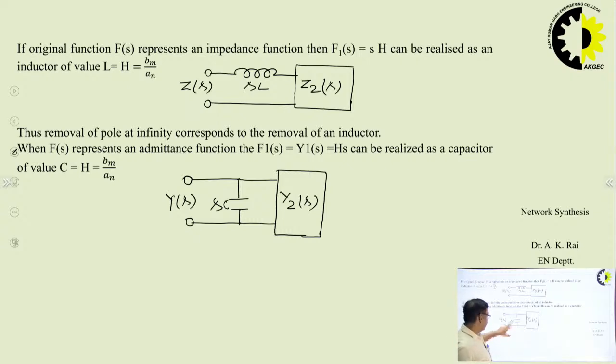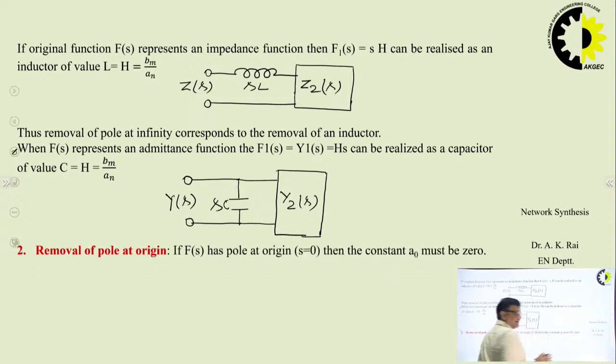So, if you are removing a pole at infinity, and the given function is driving point admittance, we are removing a capacitor from the function. Then this is your Y1(s) and this is your Y2(s). Further exercise will be carried out to decompose this Y2(s) depending upon the degree of the numerator and the degree of the denominator.